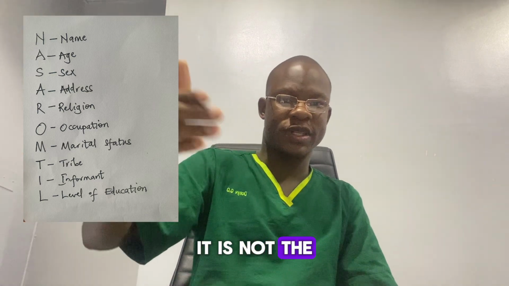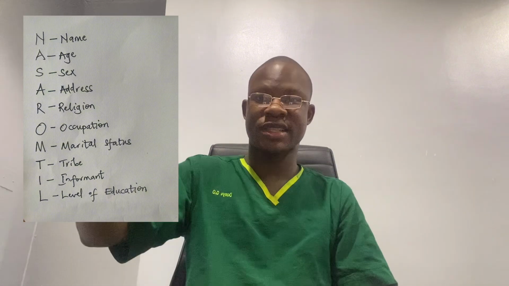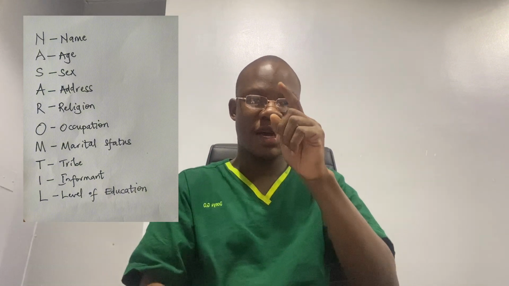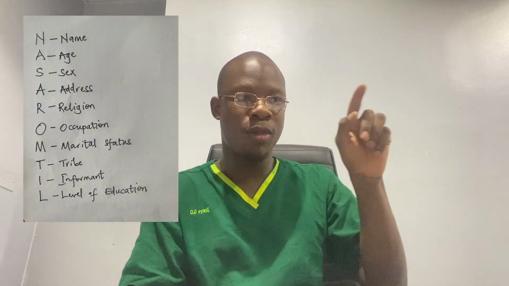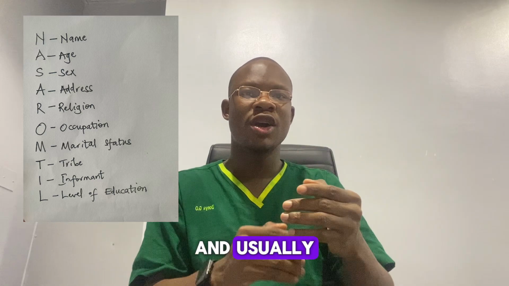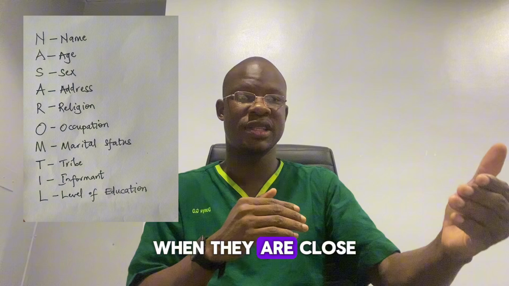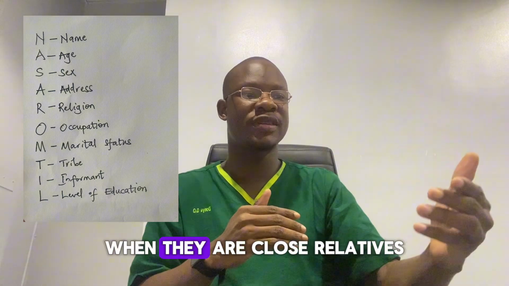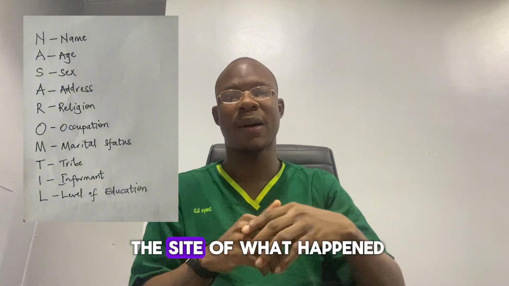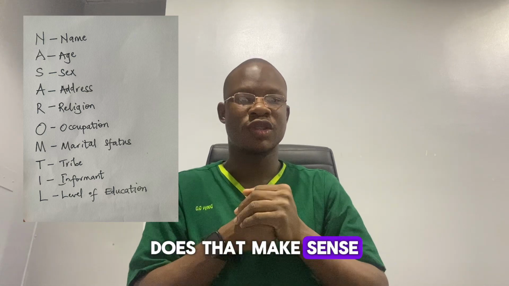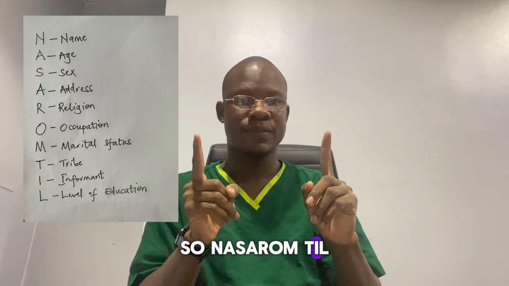It is not the unconscious patient that is going to talk to you. It is the mother. So at the informant place, you're going to write mother, right? And usually we say that the informant's information is reliable when they are close relatives, or when they were at the site of what happened. Does that make sense? So that's from TILE.